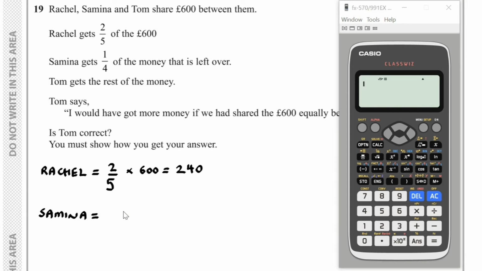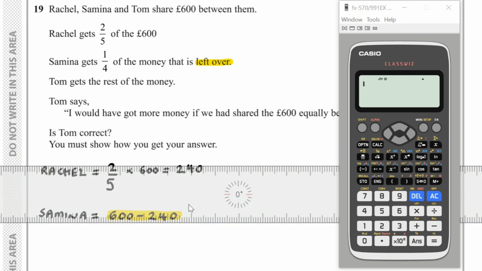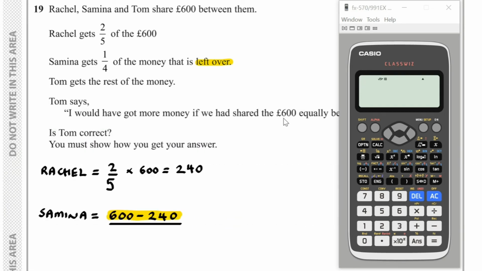So first of all, what's left over? That will be 600 take away 240. So this is the money that's left over. That's why we find the difference. And because she gets a quarter of this, we need to divide this by 4. So 600 take away 240 is 360, and dividing this by 4, Samina gets 90.